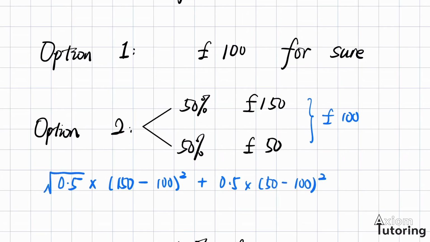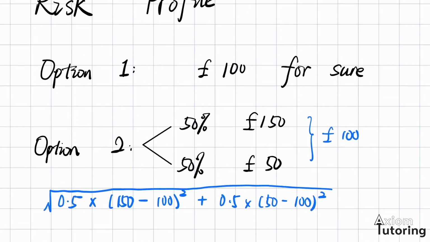And then take the square root of the variance, and then you have the standard deviation. If you do the calculations, which could be very simple in this case, you should have 50. If you bring the unit with that, that'll be £50. So the risk here is exactly £50.